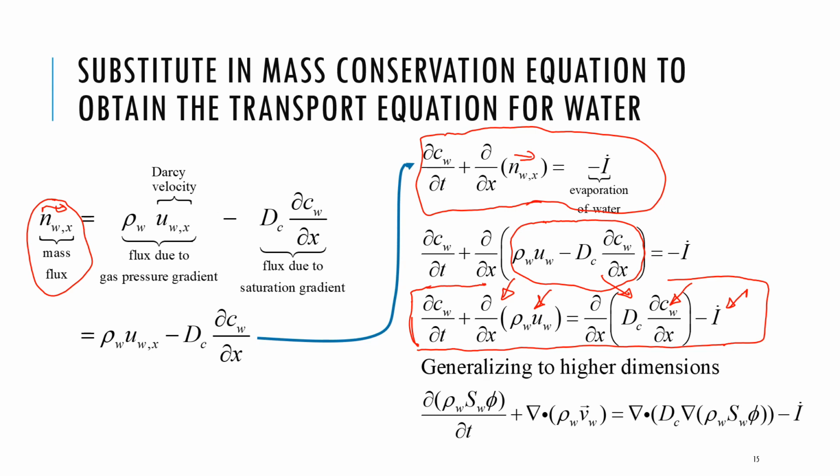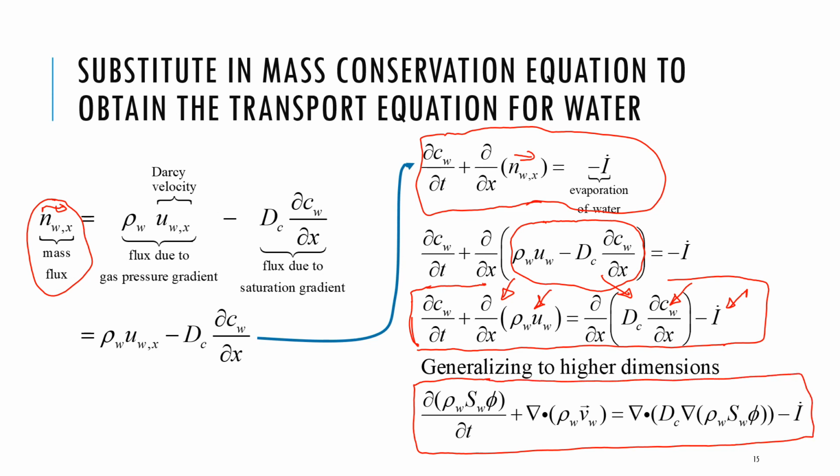So the equation looks similar, but the quantities are interpreted differently, and we have to remember that. So this was nicely, for our ease, we derived this for single phase. So if we generalize this to higher dimensions, then we can write more in the vector form.